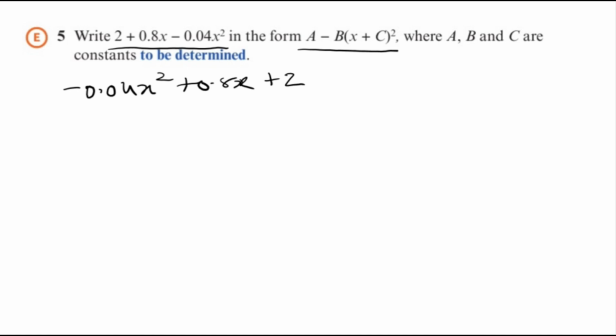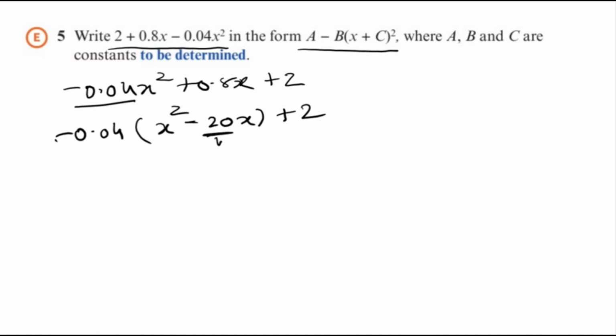So I just rearrange them. Now I don't need this coefficient, so I have to factorize it. So when I am taking minus 0.04 as a common factor, inside the bracket x squared. Now when there is a minus here, the sign is going to change. Minus 20x. And this plus 2, I am just keeping c as it is. I am not doing anything with this.